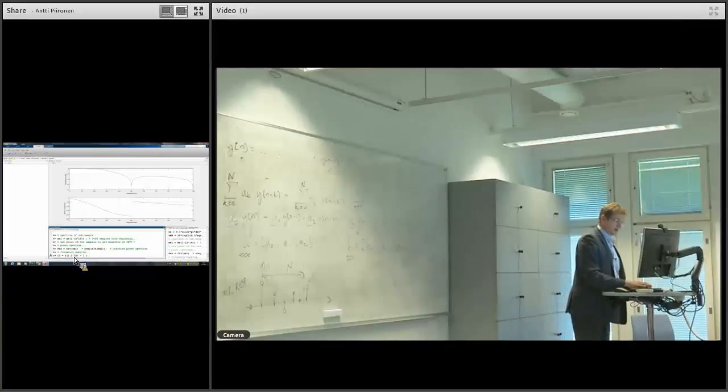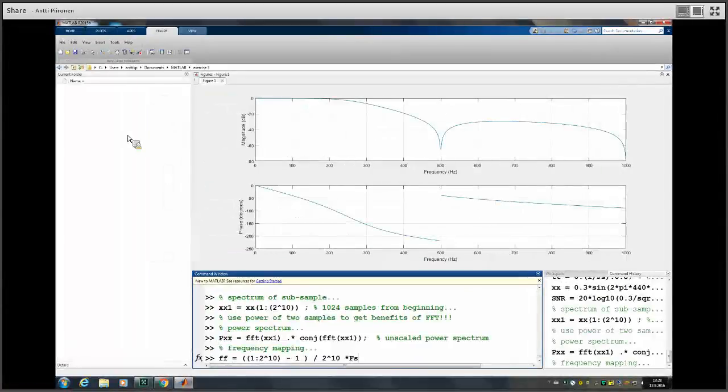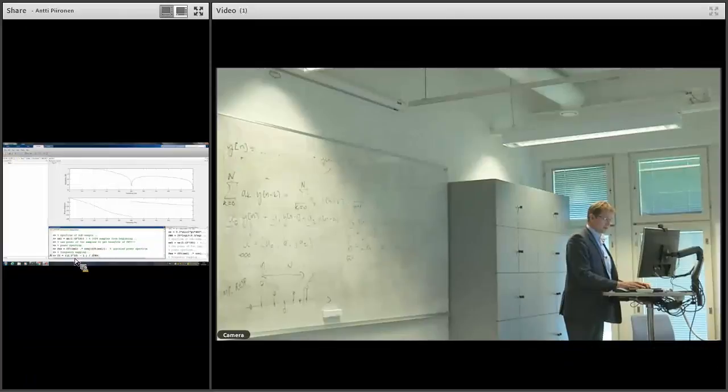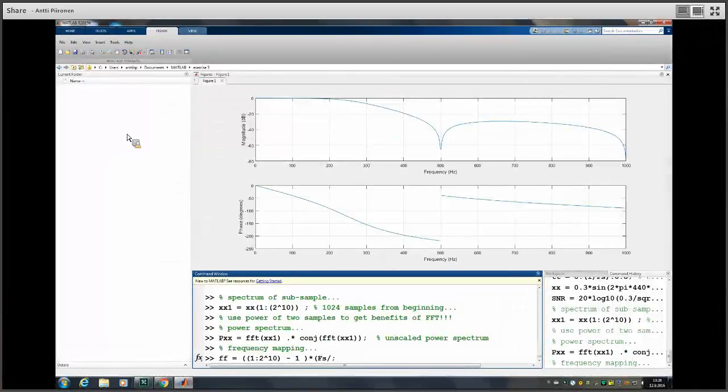And then this one is mapped so that basically you have the sampling rate. Or let's do it this way. You multiply that with the frequency resolution. Now I'm mumbling, sorry about that. So you scale it by the frequency resolution.